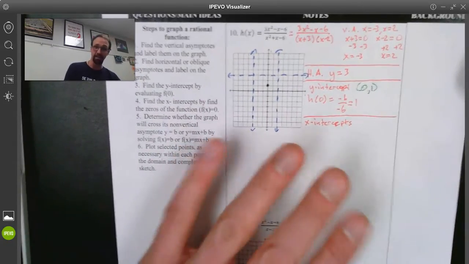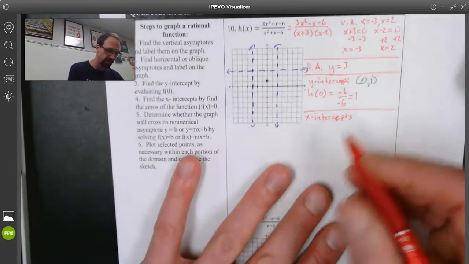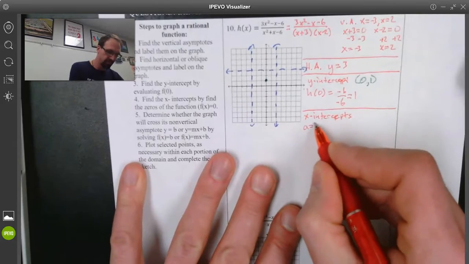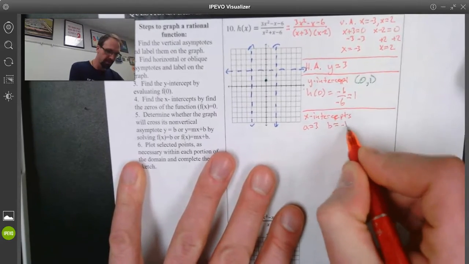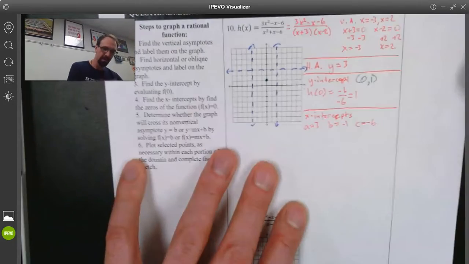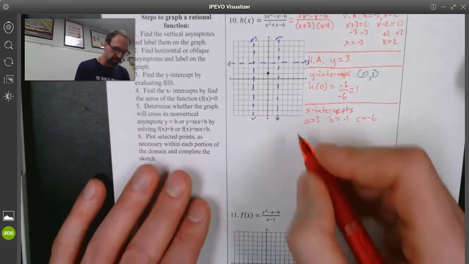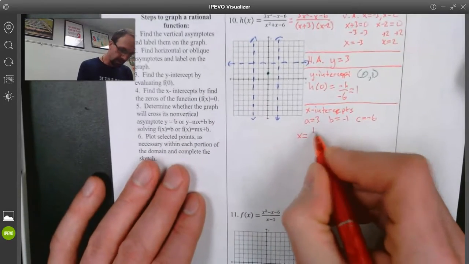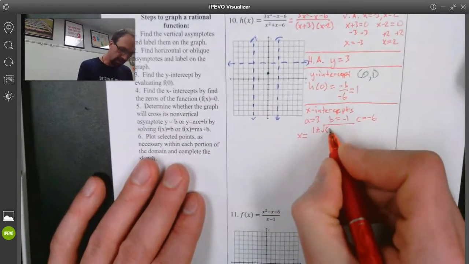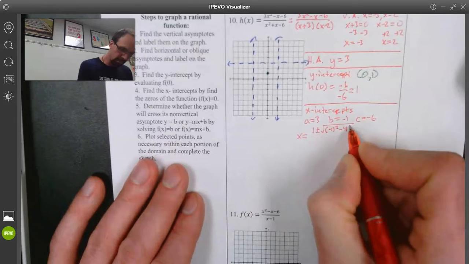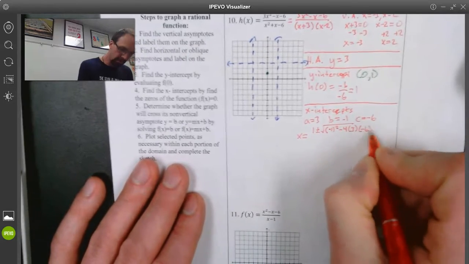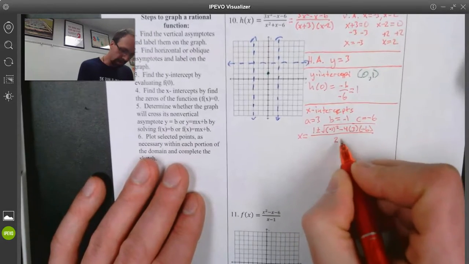So go ahead and try it in the quadratic formula first, before you continue. C equals negative 6. So I get x equals opposite b plus or minus square root of b squared minus 4ac all over 2a.